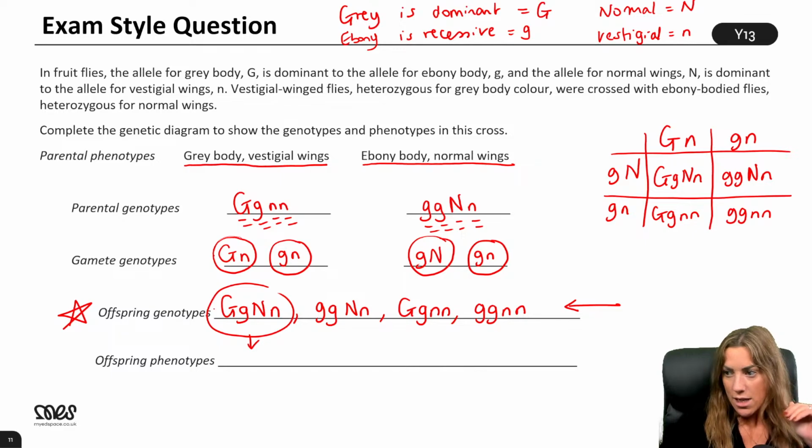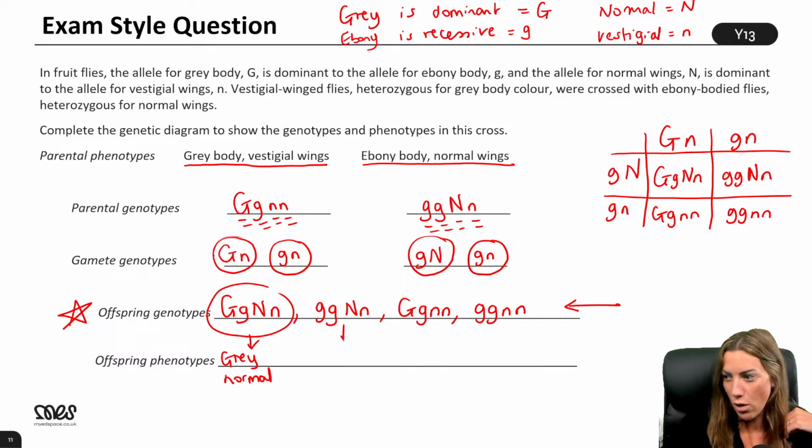Yeah. So what is the phenotype of this first offspring, please? Because I'm going to see if we can do a ratio as well. Yeah, grey normal. I'm just going to write grey normal. You know what I mean though, right? Grey body, normal wings.